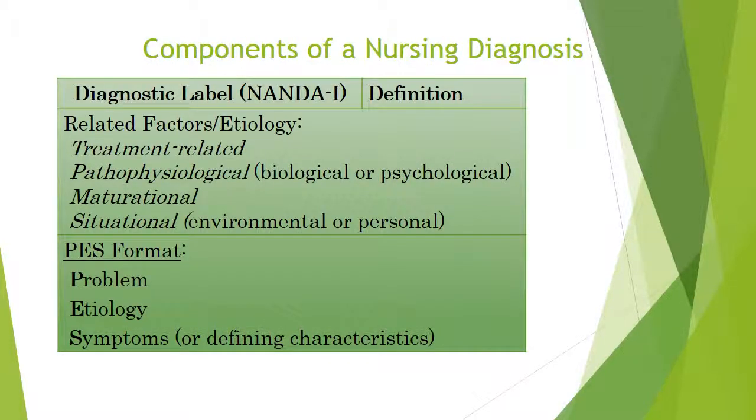Components of a nursing diagnosis, we have the NANDA here, and we have some of the definition on how we can write this out. A common method of developing a nursing diagnosis is to assign a diagnostic label and then note the related or causative factor.